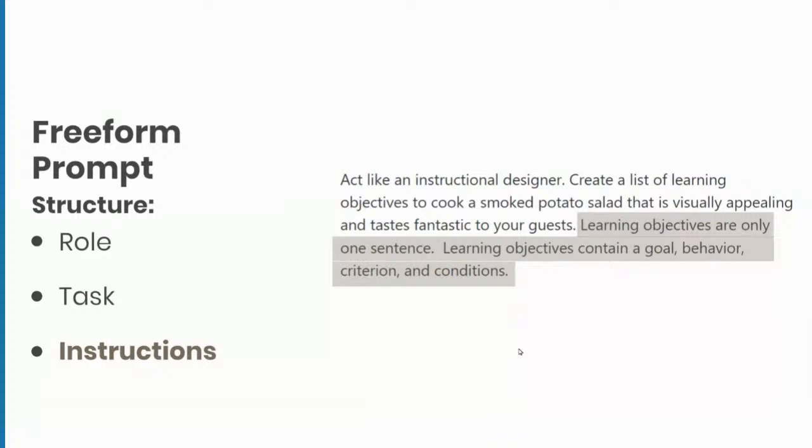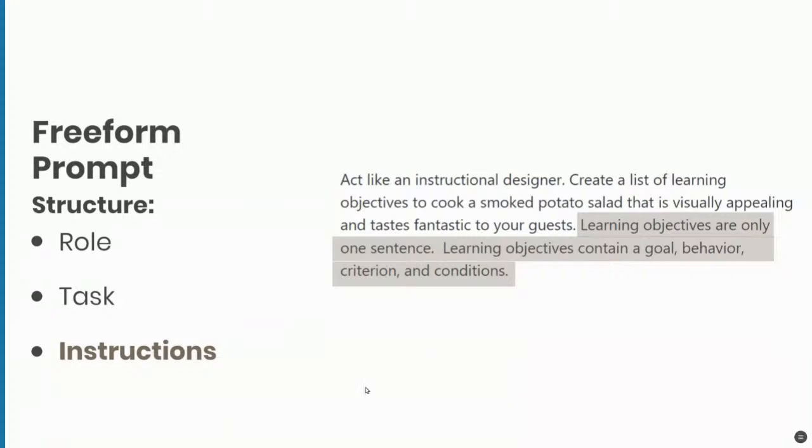Now, in our prompt today, we are going to use the SMART, which is specific, measurable, achievable, result-oriented, and time-bound criteria, or the description of a learning objective. And so that's what we're going to be using here today. And those are going to be our detailed instructions for the learning objectives.